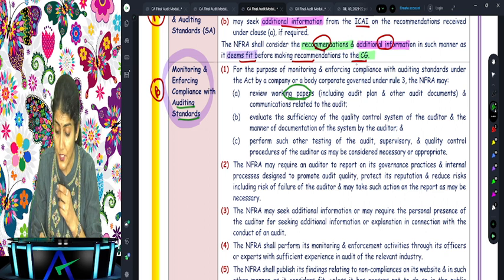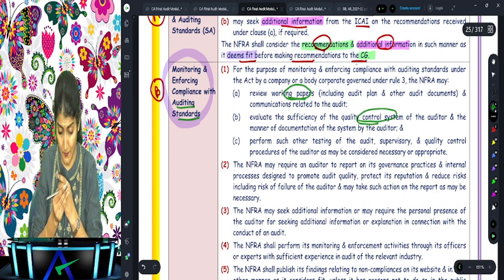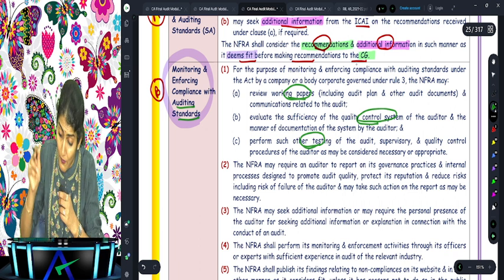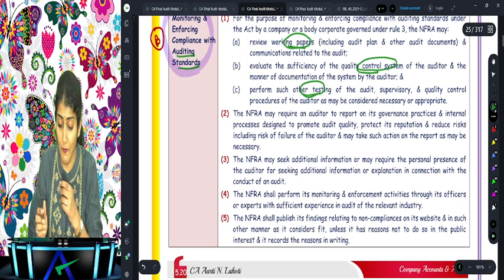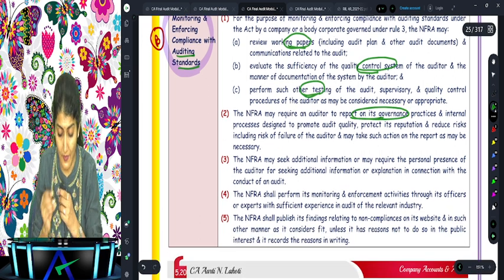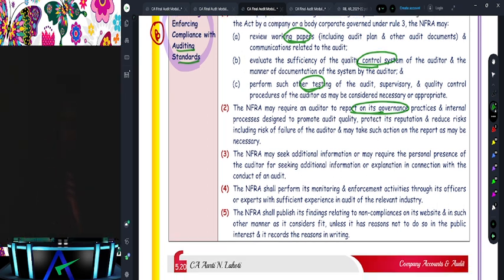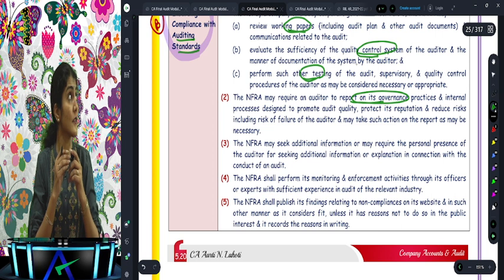They will also check the quality control system. They will also perform such other testing. Then they will also require the auditors to give a report on its governance practices. Okay, what are the governance practices of your firm?